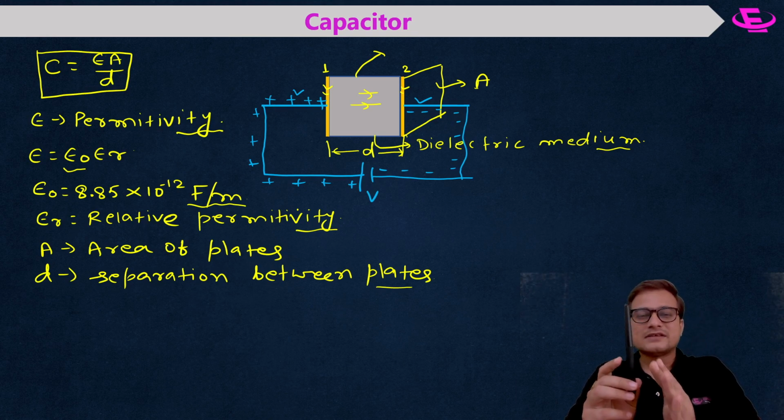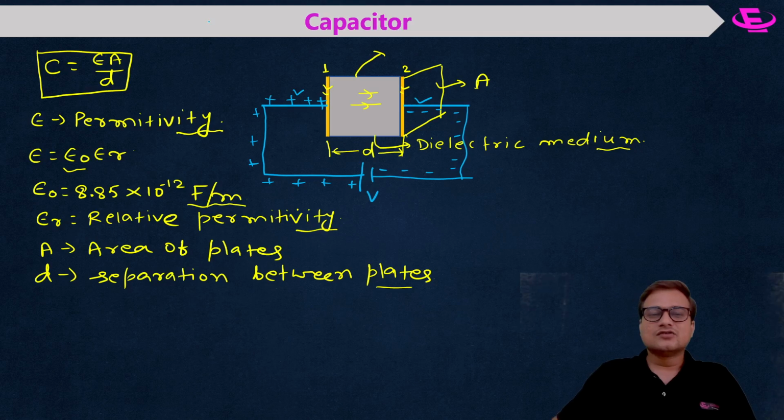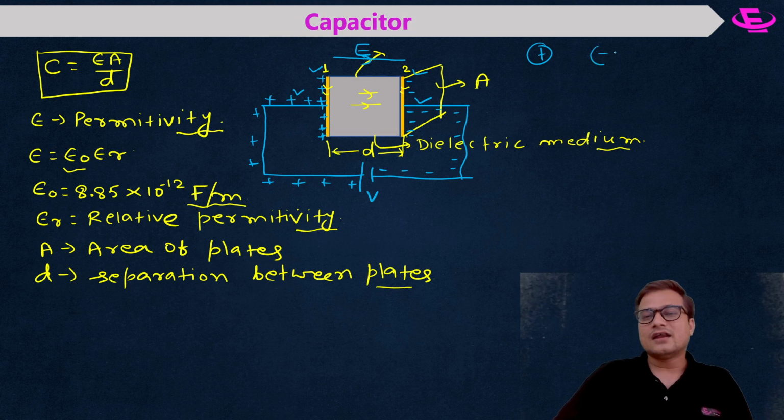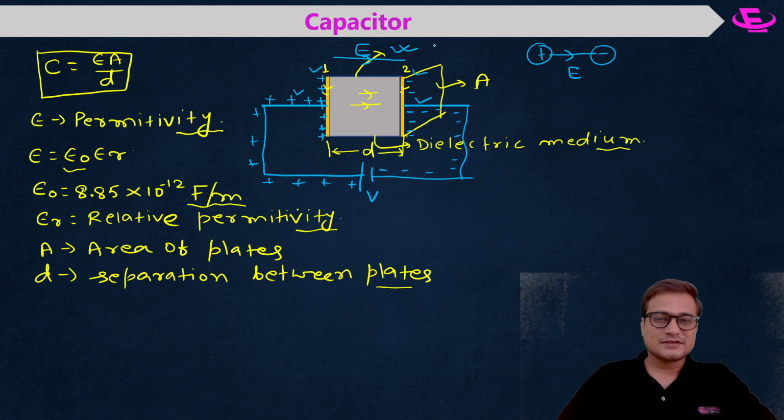So since many charges are flowing, within some time span the charges are accumulating like this. Similarly, the negative charges are accumulating like this. Now, if there is positive charge and negative charge, there will be an electric field. So an electric field is established inside the capacitor.